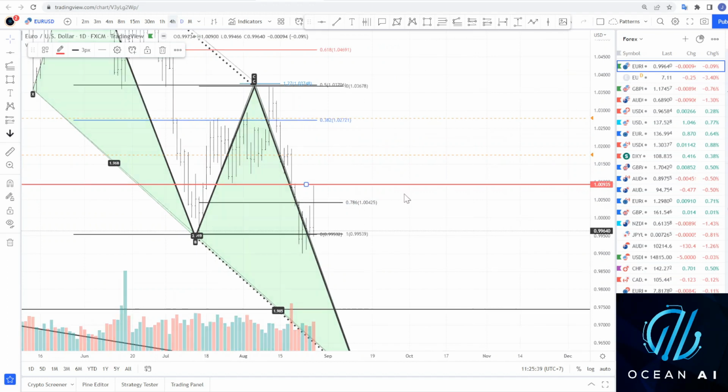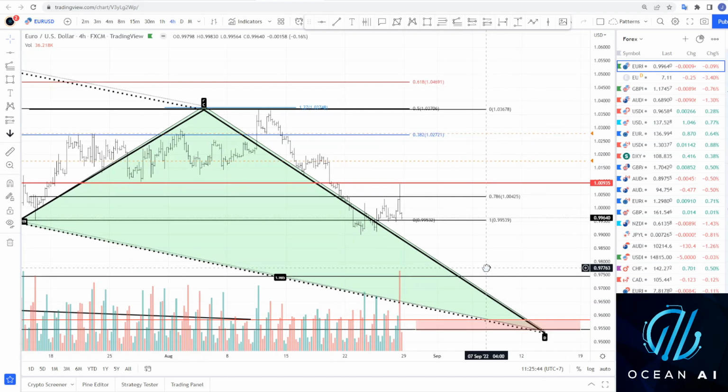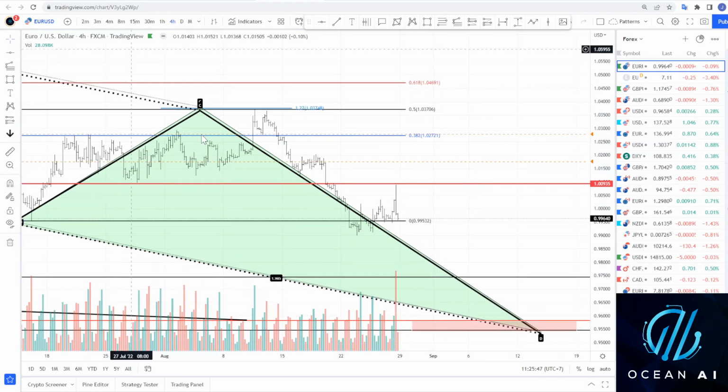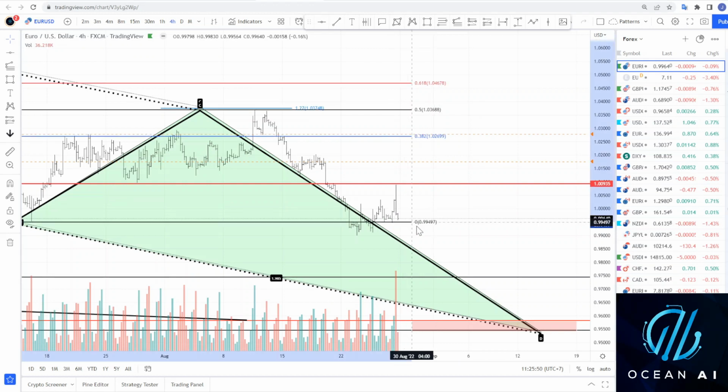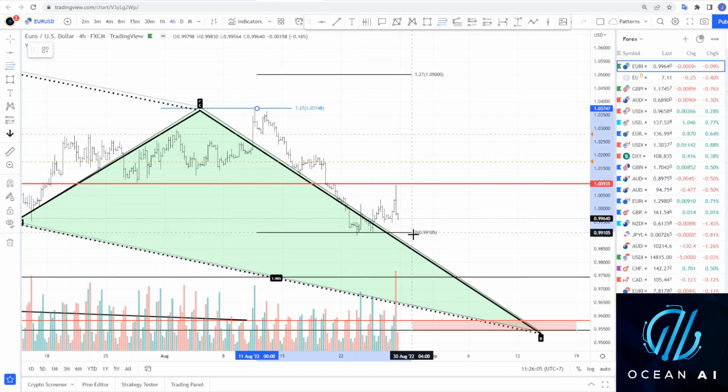Going to a 4 hour. So what we had over the last week, we had this drop, and then we've just had this correction in here.